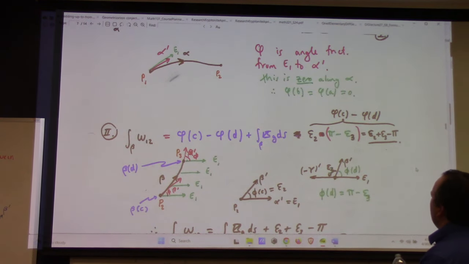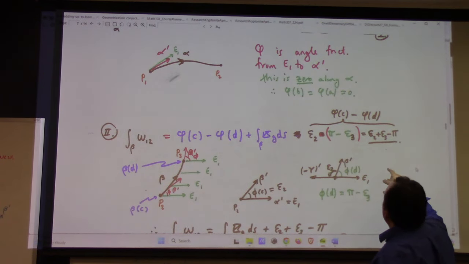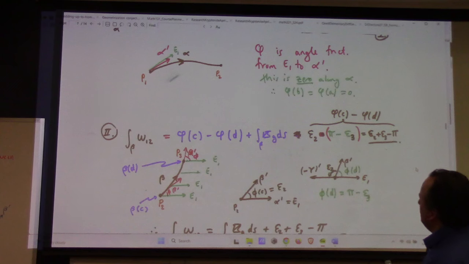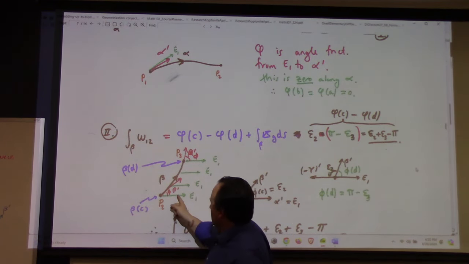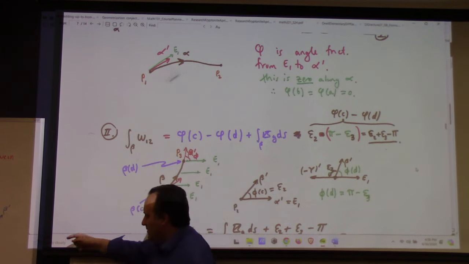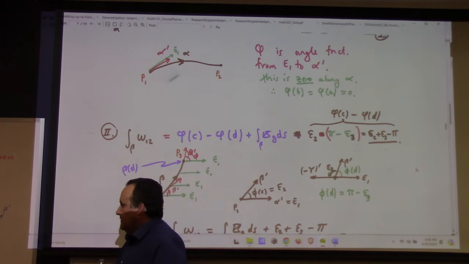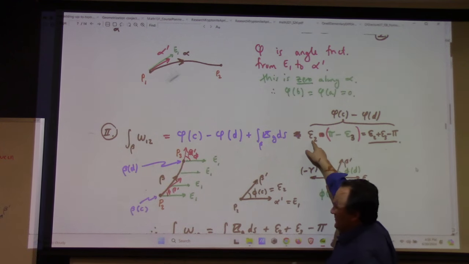So my claim over here is phi of C minus phi of D is this. Well, I do mean phi. Phi is the angle between E1 and beta prime. That's this angle. So phi of C is indeed epsilon 2.